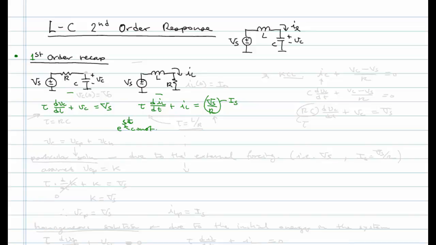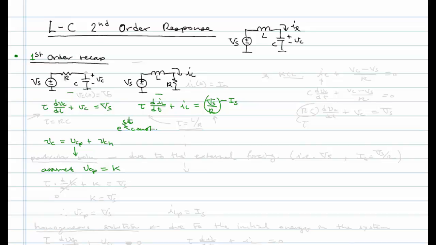So first we looked for the particular solution. We found that the total solution was equal to a particular plus a homogeneous. So going after the particular solution, we assumed that the particular solution was some constant.